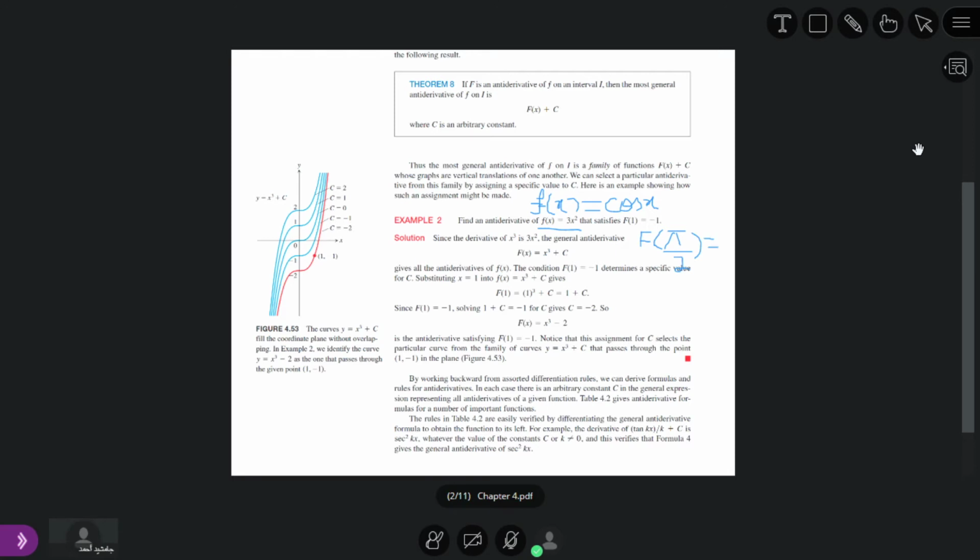Solve this. Find capital F. You have 5 minutes. So I am waiting 5 minutes.